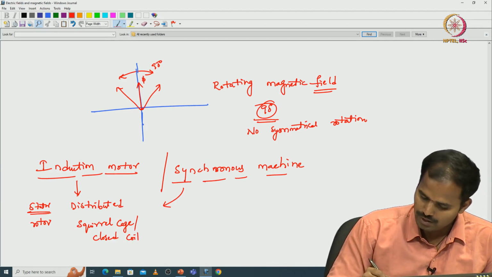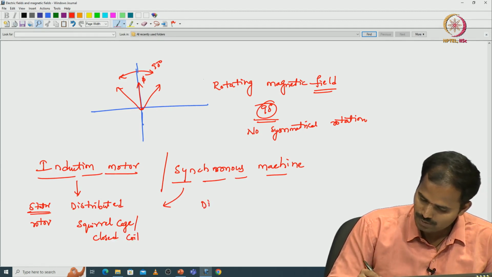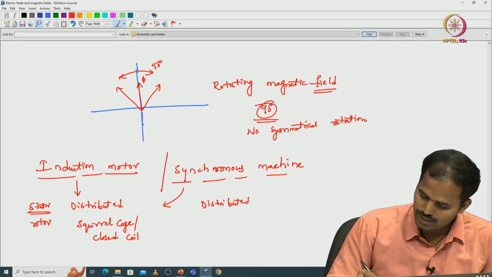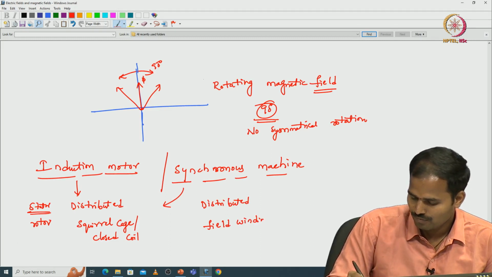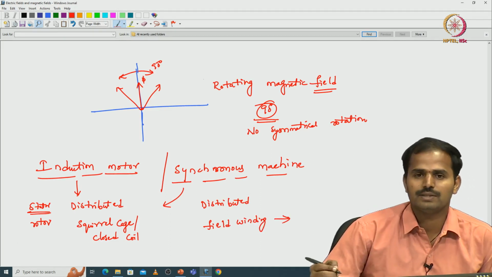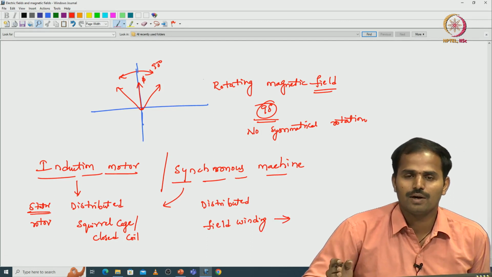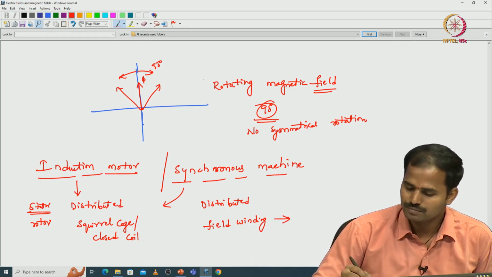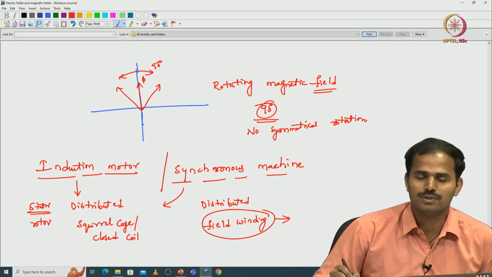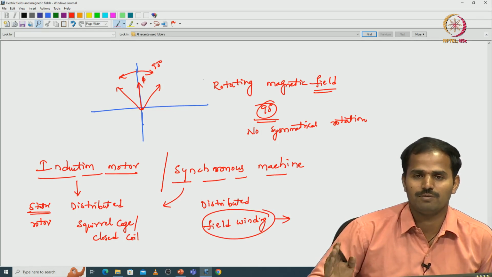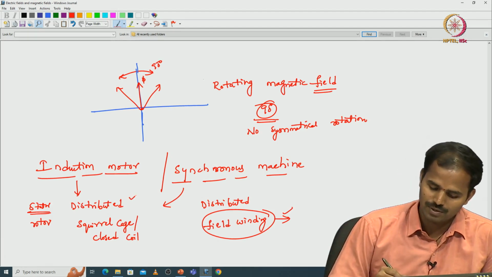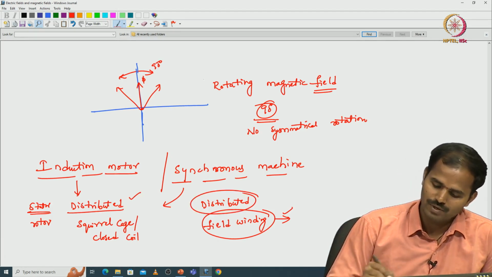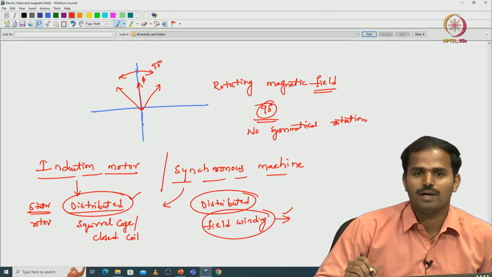In the synchronous motor it is a distributed winding at the stator side. At the rotor side just a field winding we have. Field winding means there is a static field, it is not a rotating magnetic field, it is just simply field poles. The magnetic field or flux vector is constant here, it is not rotating, but with respect to the distributed windings we will see how the magnetic fields are there.